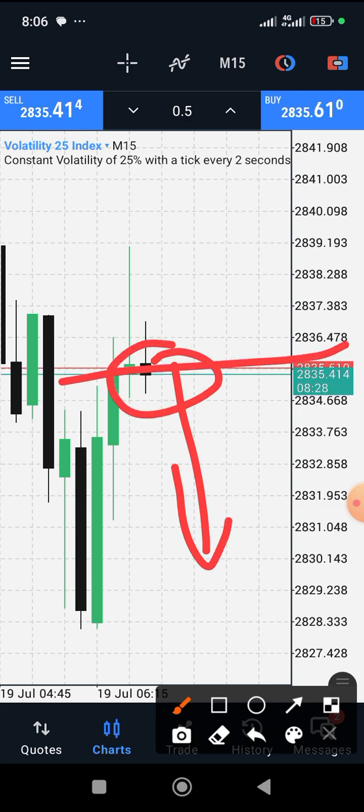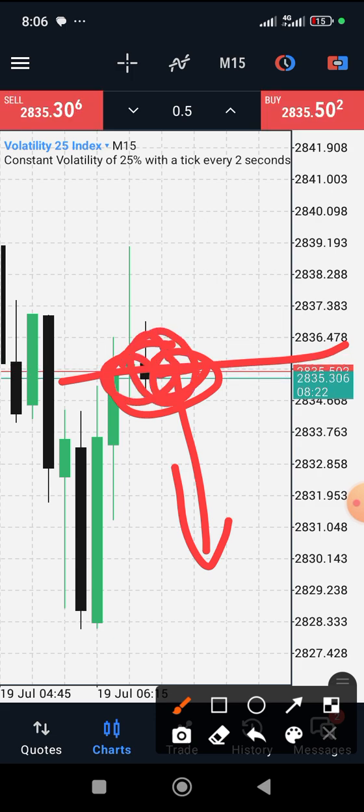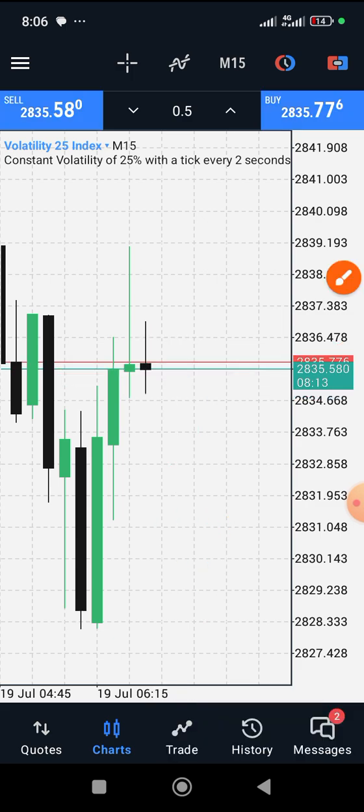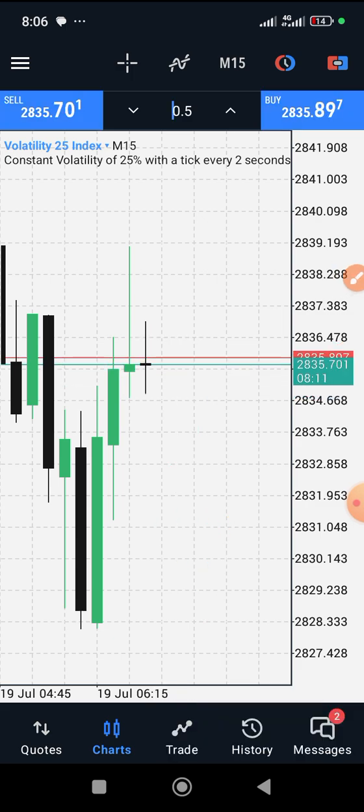Because you are now certain to a certain degree that the market will come downwards at this point, you take a sell with a certain lot size at this point. All you have to do now is execute your analysis. And how do you execute your analysis?